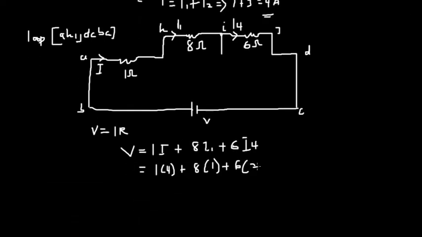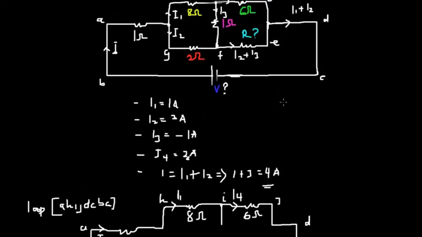Our value for V will be 24 volts. So we are done with V, that's 24 volts. Now let's try to find R.